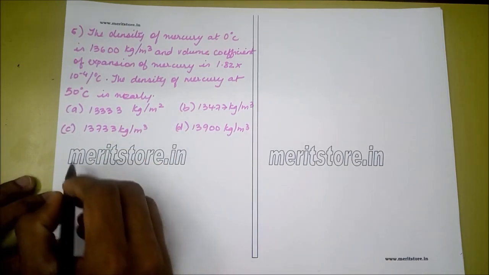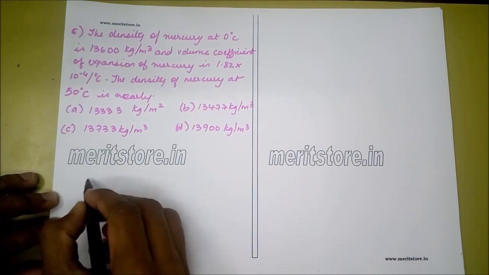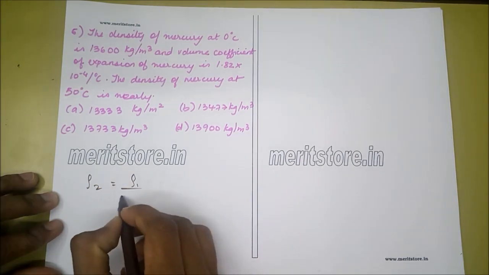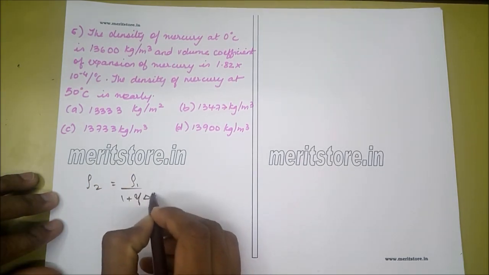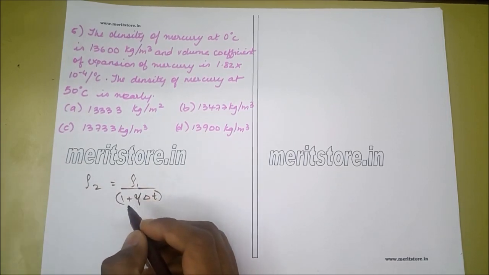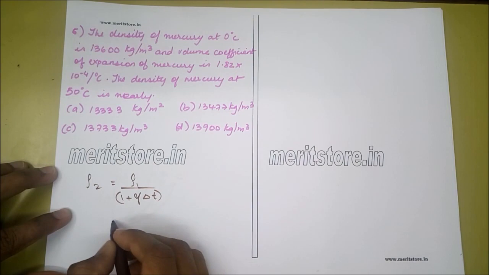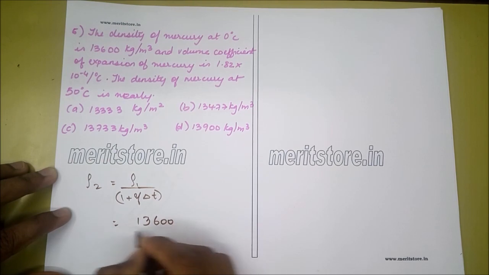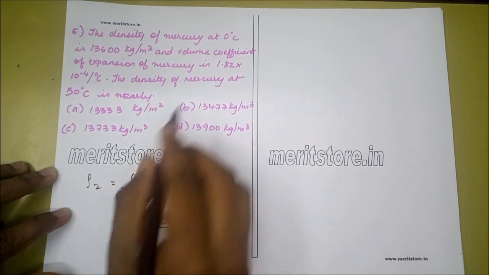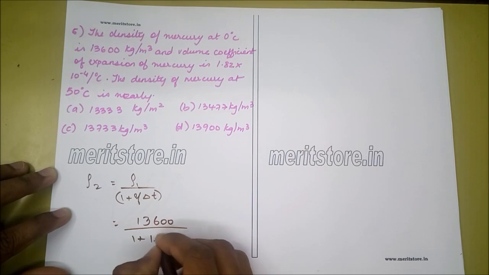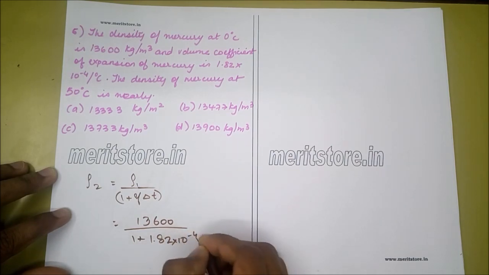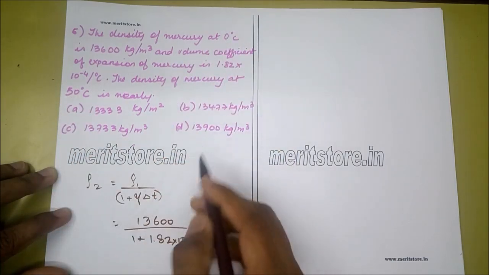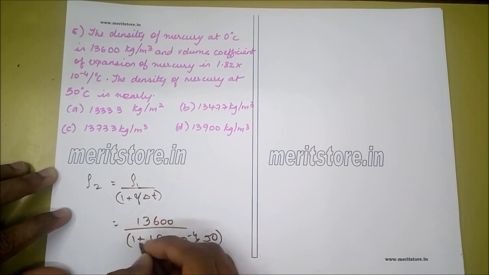Now, as we've seen in the previous formula, density rho 2 equals rho 1 times 1 plus gamma into delta T. So using this same formula again from the previous sum and substituting the values, density initially is 13,600 upon 1 plus gamma, given as 1.82 into 10 raised to minus 4, and delta T is the change in temperature, so 50 degrees minus 0 degrees, which is again 50.